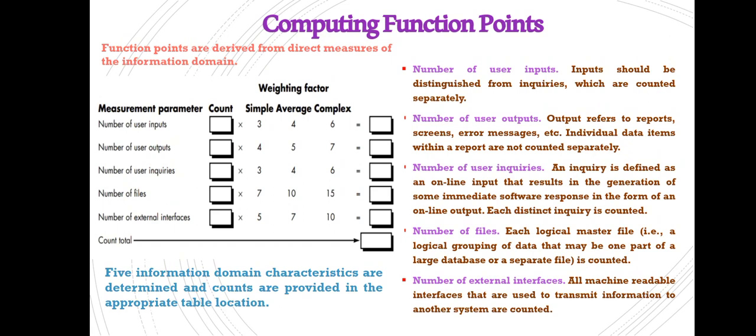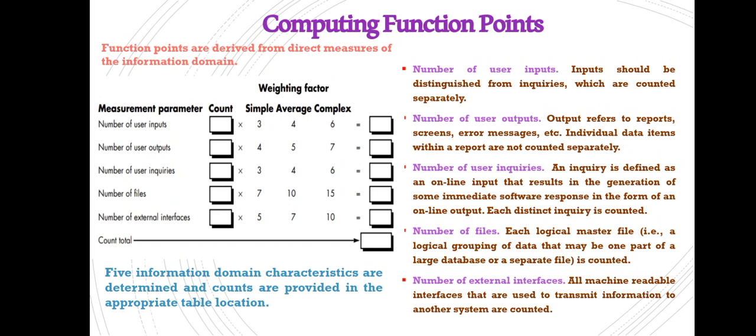Number of user inputs is calculated depending upon the user inputs given, other than inquiries. Whenever the user is considering the input values, those inputs must be distinguished from the inquiries, which are counted separately as another parameter related to the measurement.